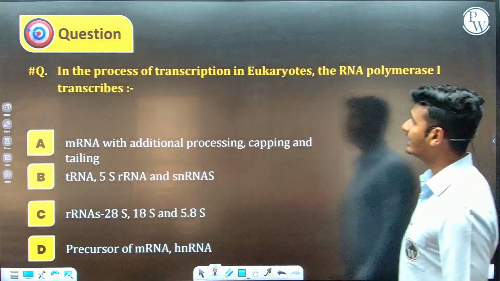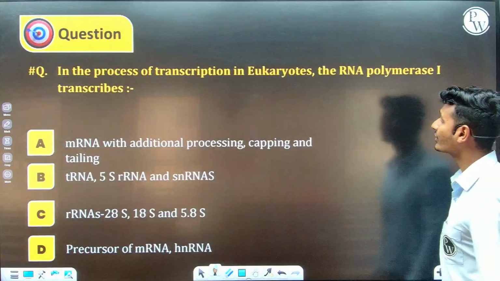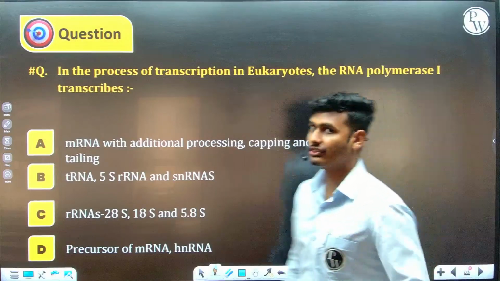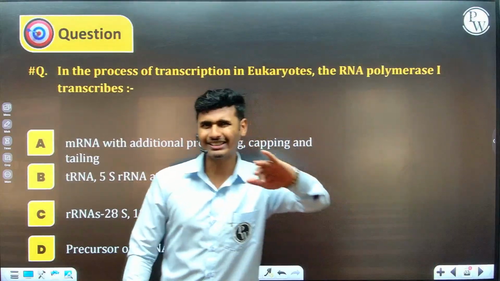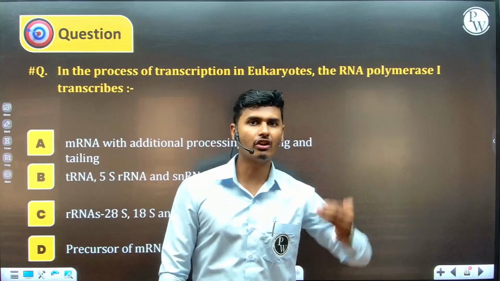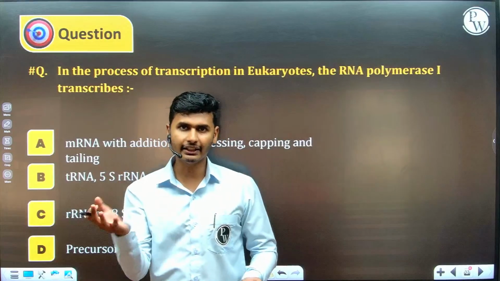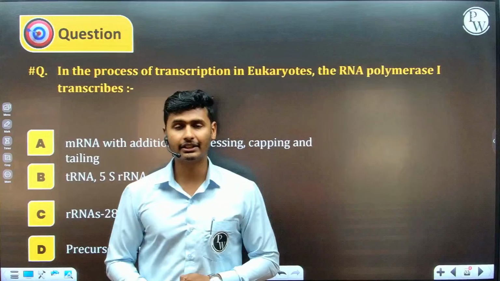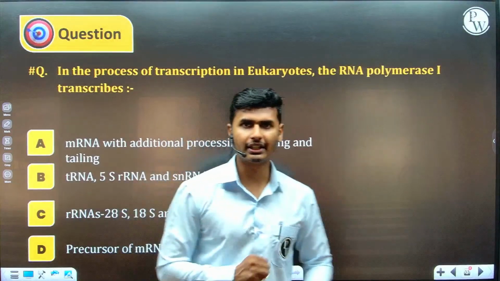Next, in the process of transcription in eukaryotes, the RNA transcription in eukaryotes. Now what is transcription? Transcription is conversion of DNA into RNA. It will be rRNA, tRNA or mRNA. There are 3 types of RNA polymerase.